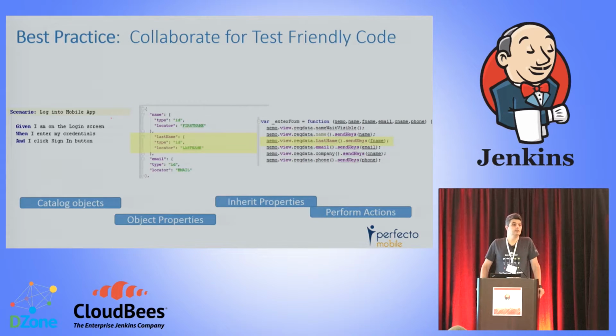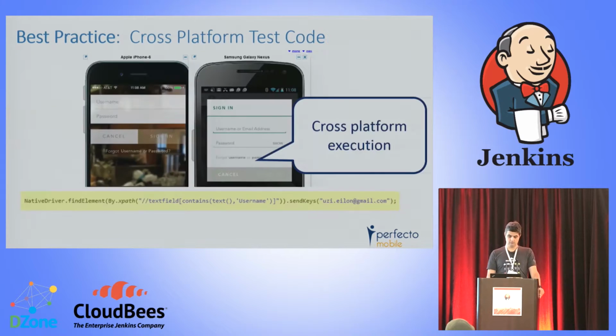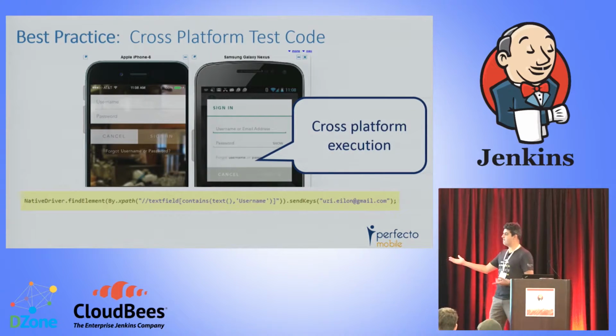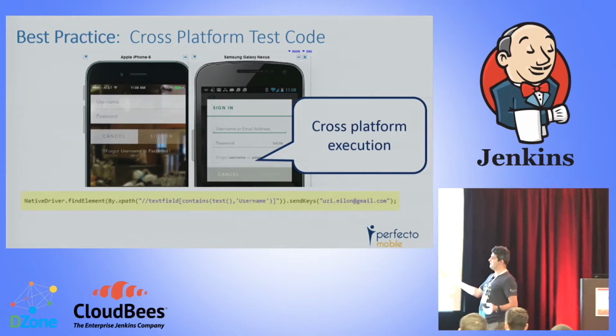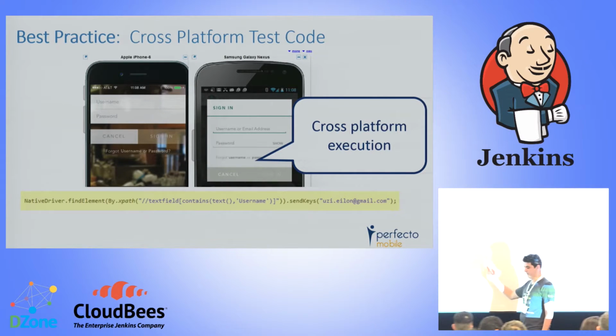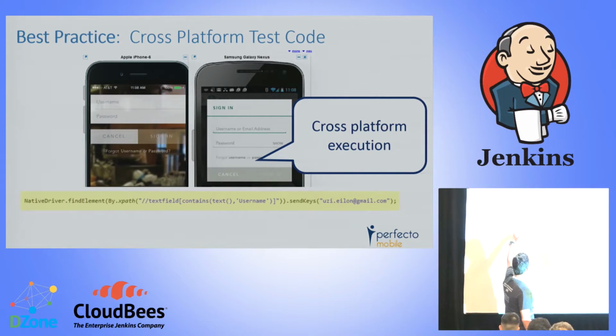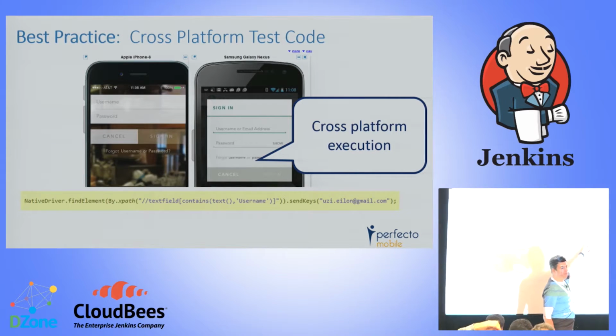Yes, please. So that's a perfect question because I have a slide on it. Use an XPath, but use a smart XPath. So what I have here, I use an XPath, and this is my application. This is a startup application. We have username here. We have username or email here.